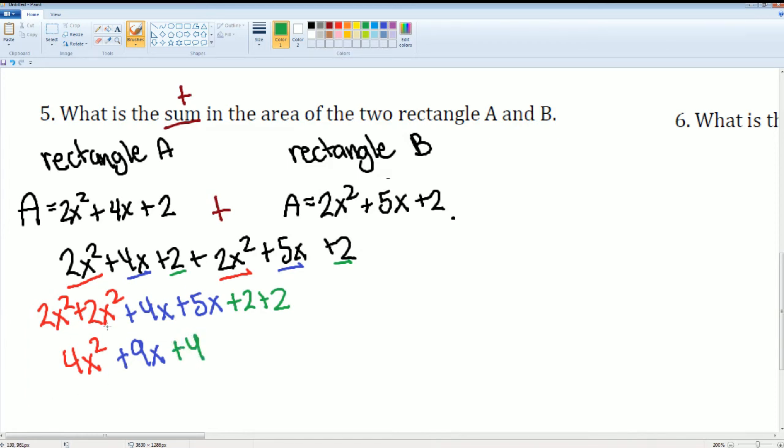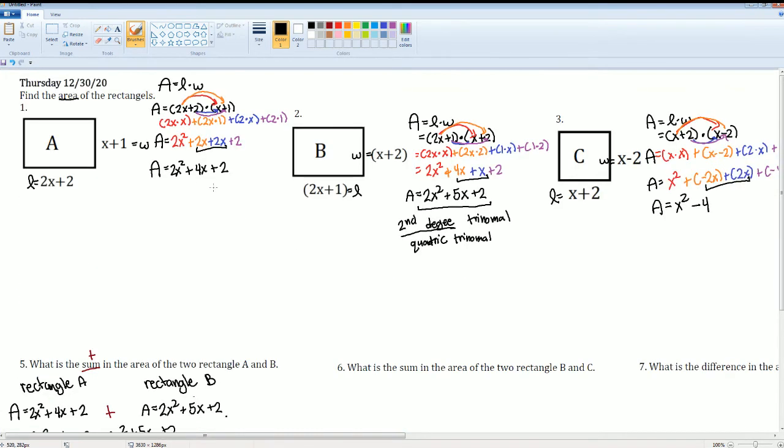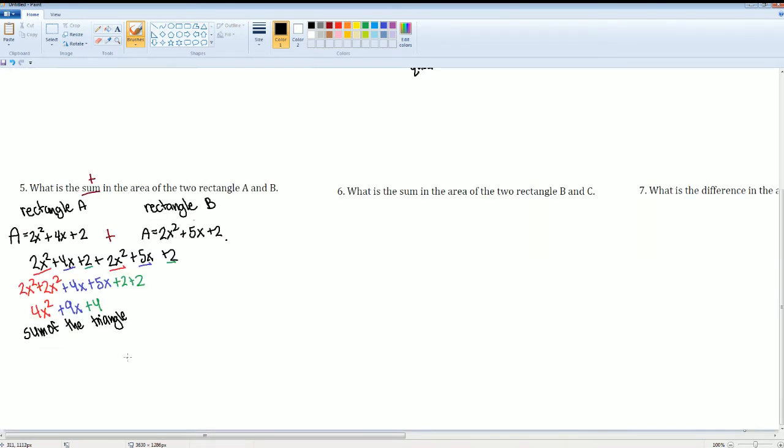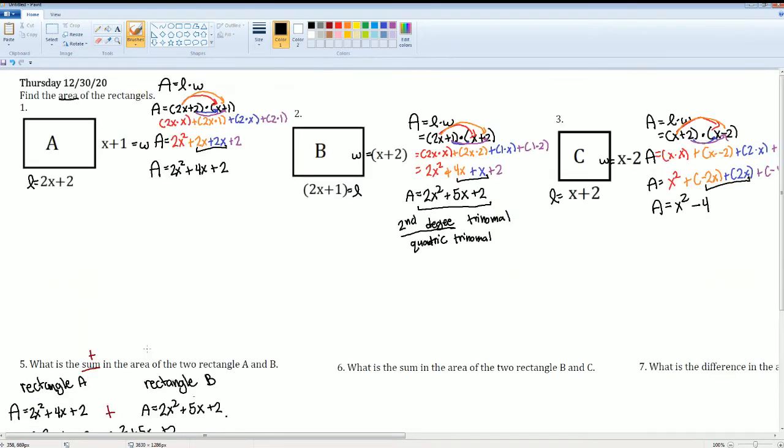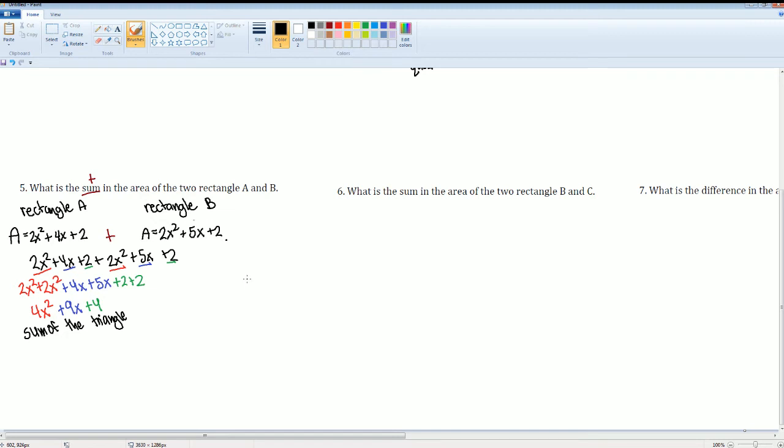So this is the sum of the rectangles. So if you put these two together, it should be this. All right. A and B together makes this.